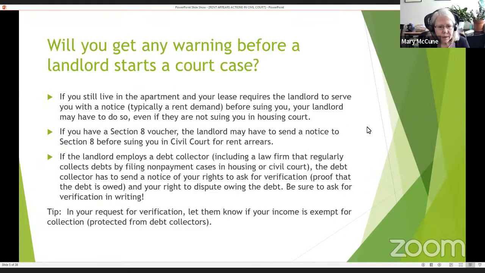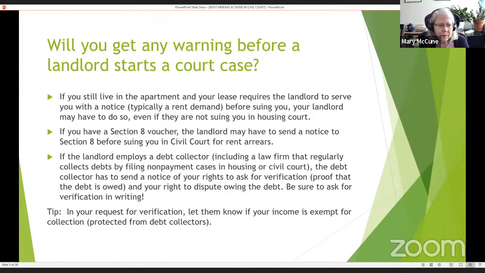If you have a Section 8 voucher, the landlord may have to send a notice to Section 8 before suing you in civil court for rent arrears. If the landlord employs a debt collector, including a law firm that regularly collects debts by filing non-payment cases in housing or civil court, and that's most landlord attorney firms or law firms that represent landlords, the debt collector has to send you a notice of your right to ask for verification of the debt and your right to dispute owing the debt.